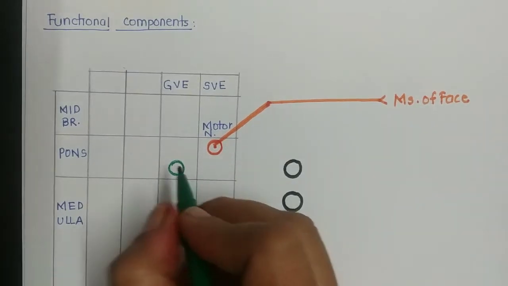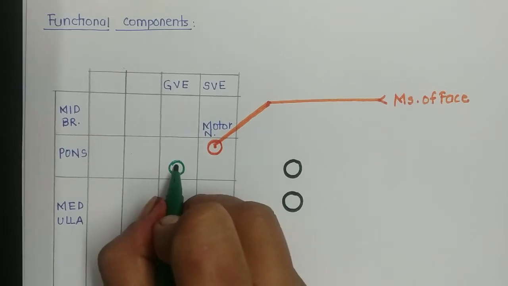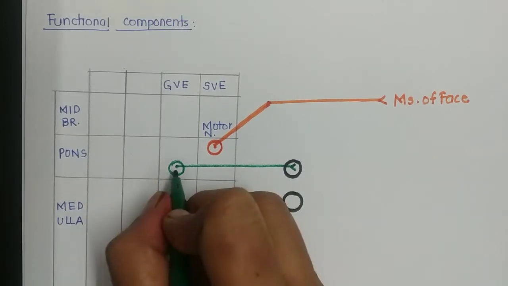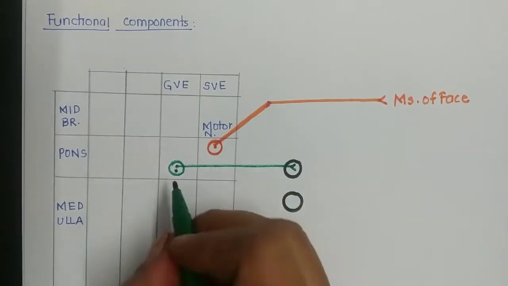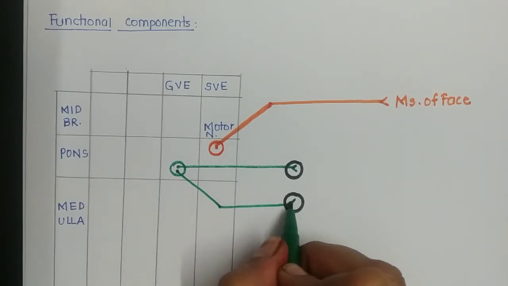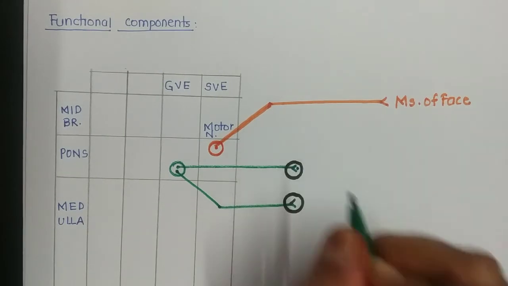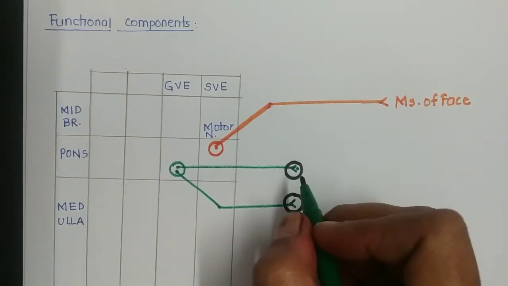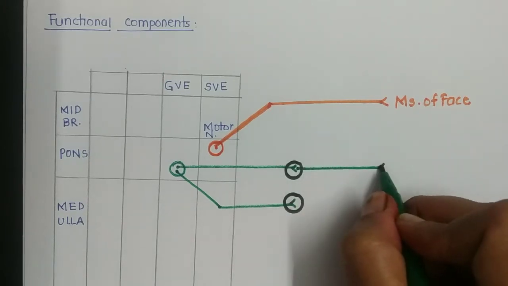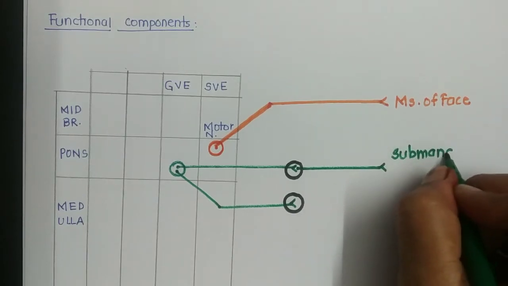The fibers arising from the superior salivatory nucleus, they go and take relay in the submandibular ganglion, while those from the lacrimatory nucleus, they go and take relay in the pterygopalatine ganglion. The postganglionic fibers from the submandibular ganglion, they go and supply the submandibular and sublingual glands.